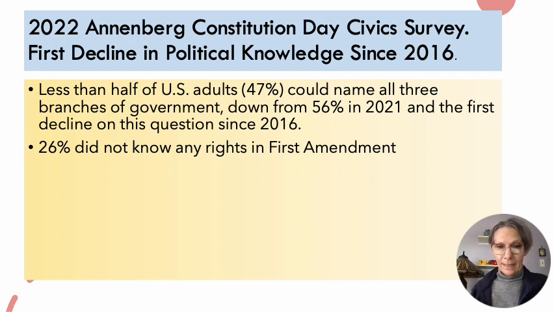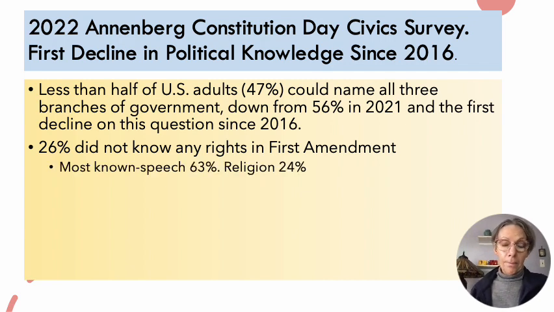When asked how many liberties are in the First Amendment, 26% didn't know any of the liberties, okay? And the most known is freedom of speech, and that's actually gone down. 63% of people could identify freedom of speech, but in 2021 it was 74%.